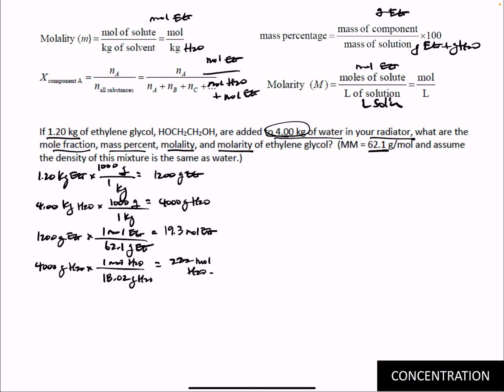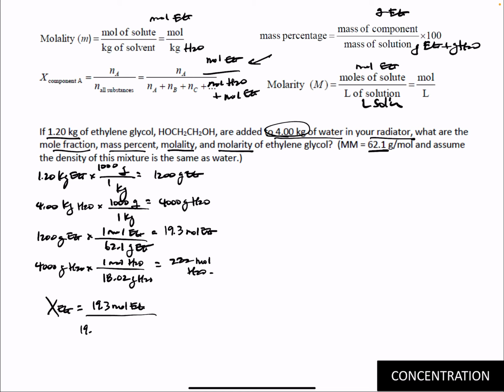So let's do mole fraction first. The mole fraction of ethylene glycol, X or chi, is going to be moles of ethylene glycol, 19.3 moles, over moles total.